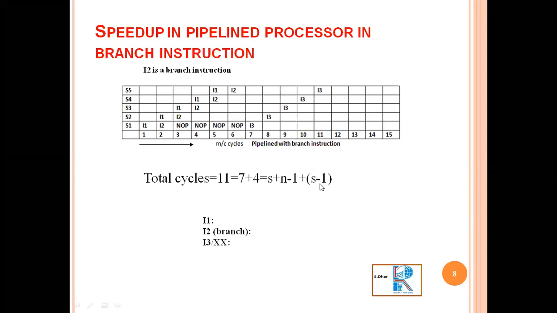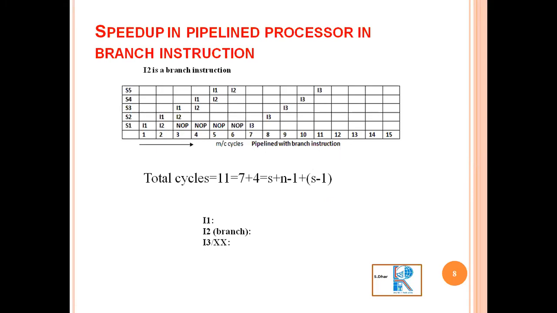If there are m branch instructions, the total cycles will be s plus n minus 1 plus m into s minus 1. We have to multiply this penalty by the number of branch instructions. If the branch instructions increase, this penalty will increase. Obviously, the total cycles required for completion of the instructions will increase. Clear? So this is the total cycle count.